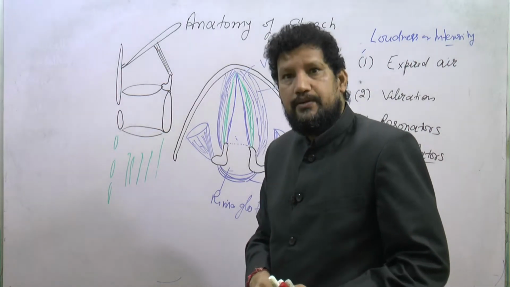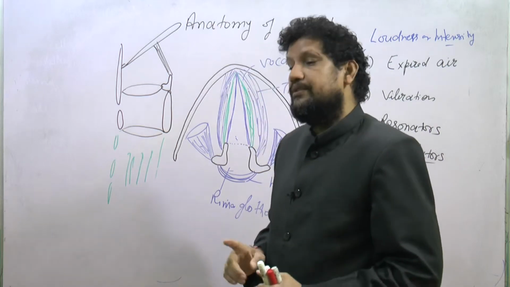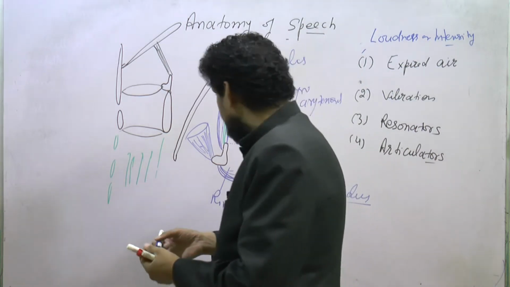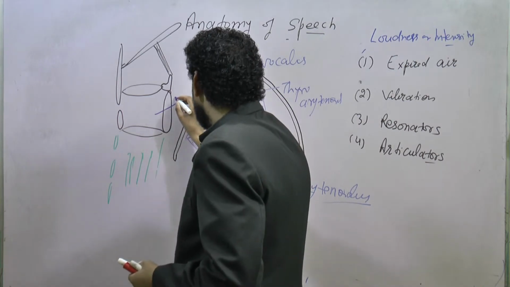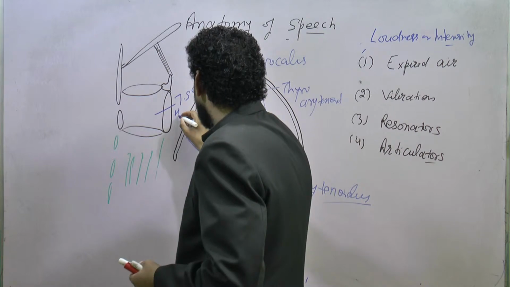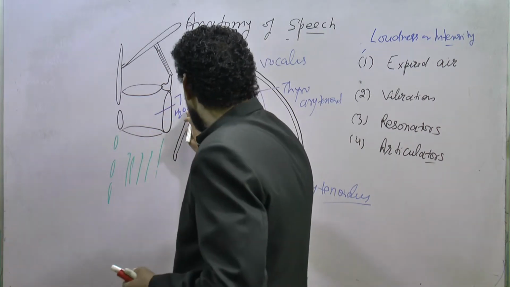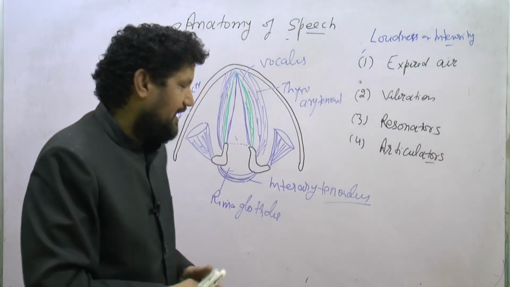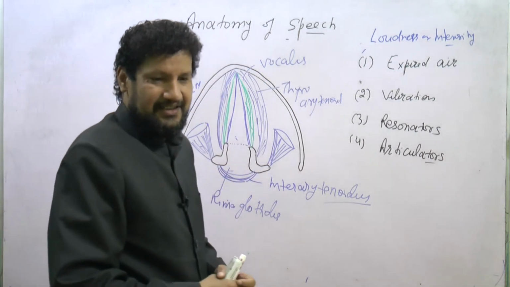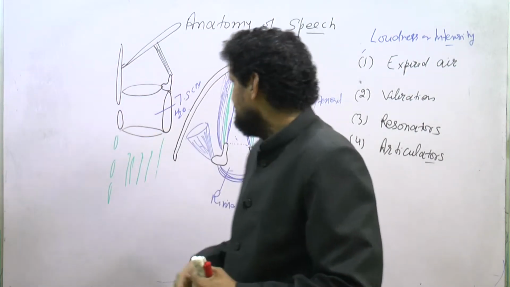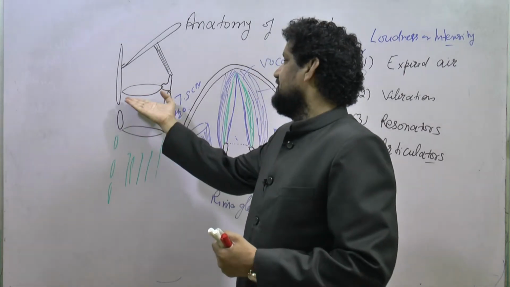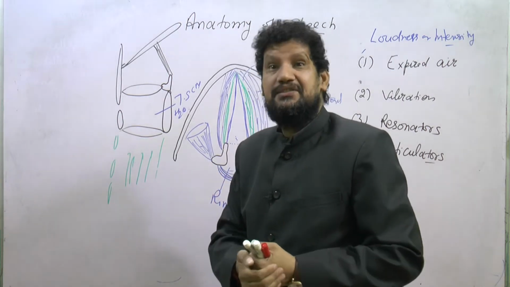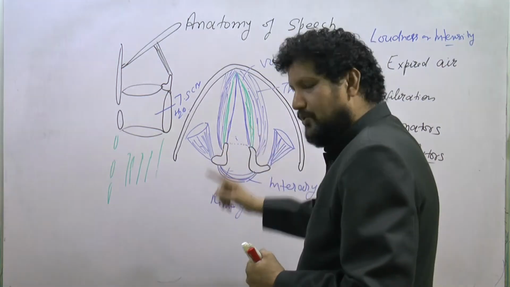When the infraglottic pressure of the larynx reaches 7.5 centimeter of water, H2O, it is not H2O2, these vocal folds are separated, and there is vibration of these vocal folds.